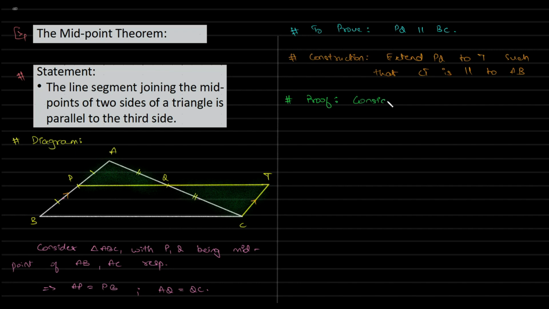So consider triangle APQ and triangle CTQ. One thing is we have AQ is equal to QC. That's kind of obvious. And we have vertically opposite angles: angle PQA is equal to angle CQT. The last thing is we need to show that these two angles are equal. Why are they equal?